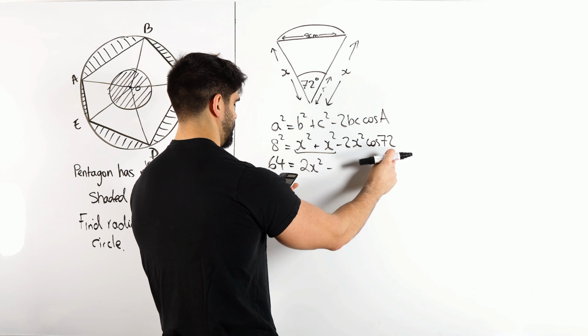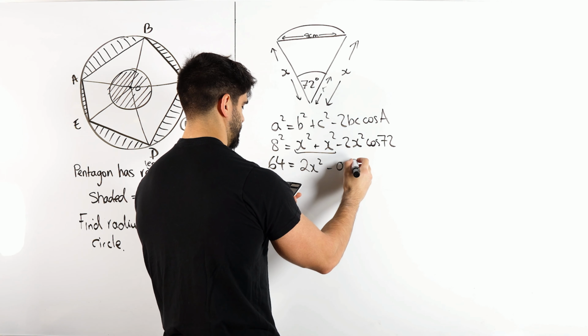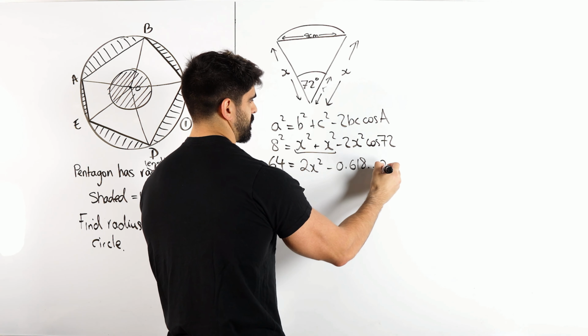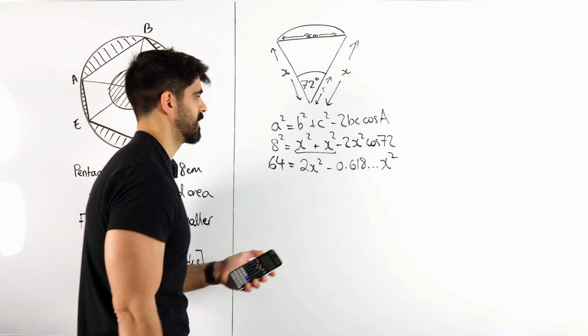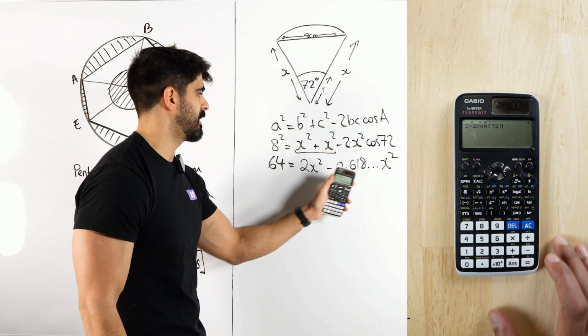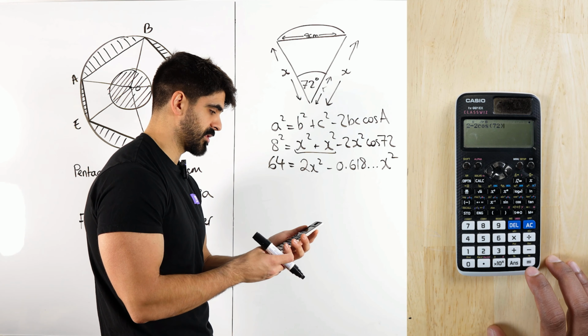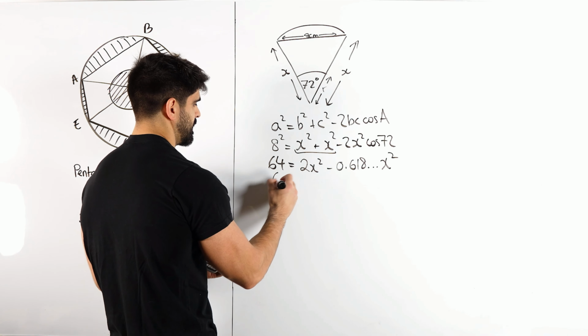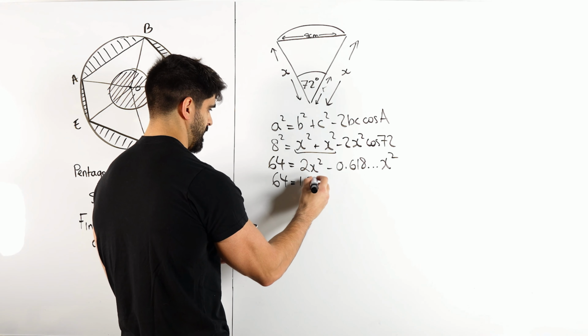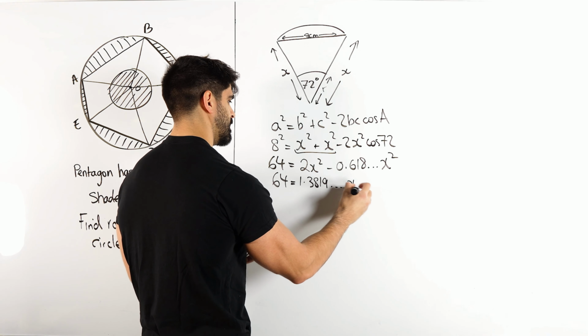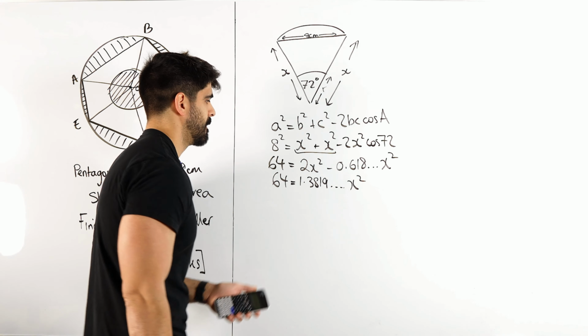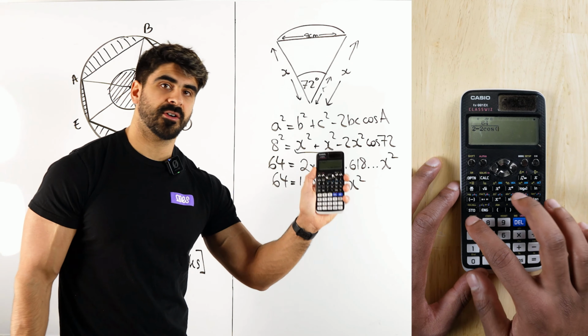So 2 cos of 72 is 0.618... x squared. I'm going to do 2 minus that number. 2 minus answer. So I get 64 is 1.3819... x squared. Now, I have that number in my calculator screen.